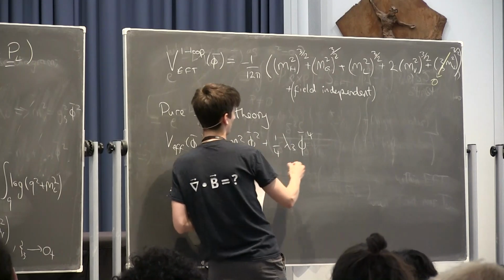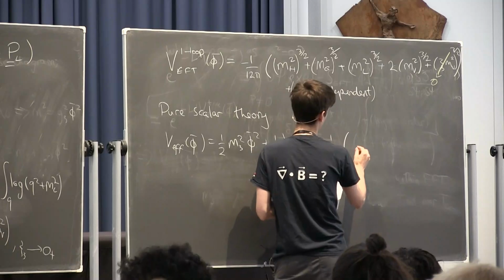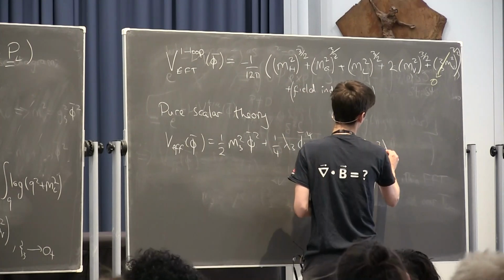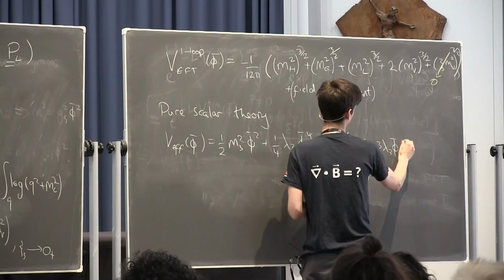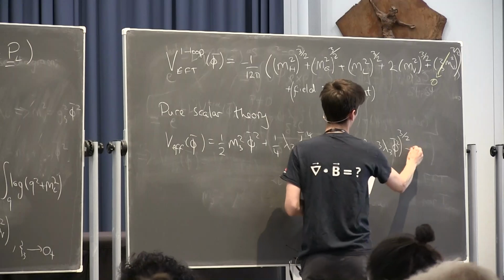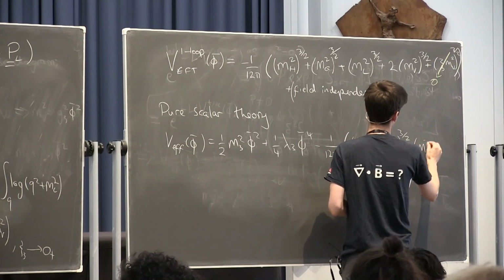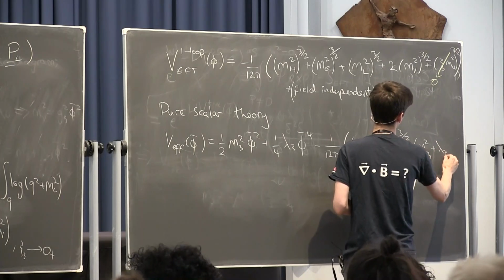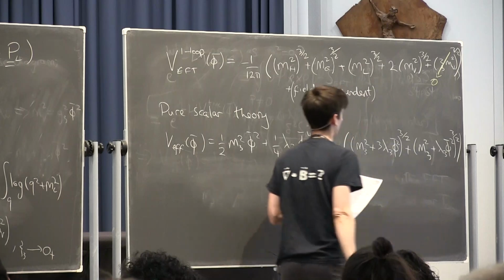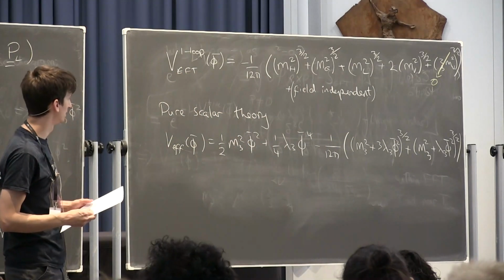So this is just the tree level part, minus a 12th pi, m3 squared plus the Higgs mass to the 3/2 plus the Goldstone. So this is just the pure scalar one, just to look a little bit more in depth at that.